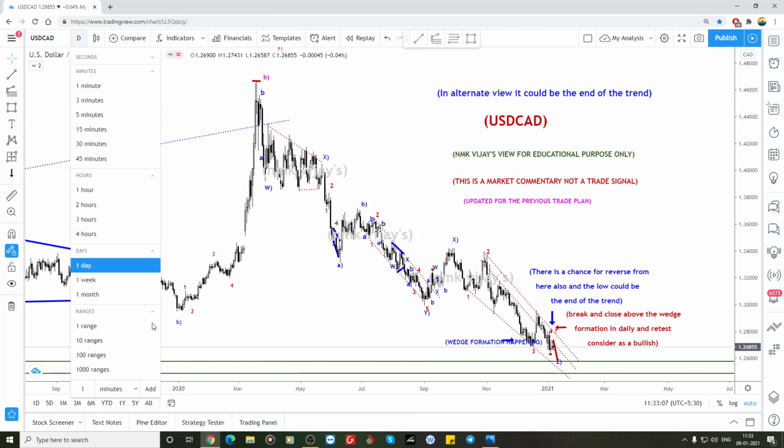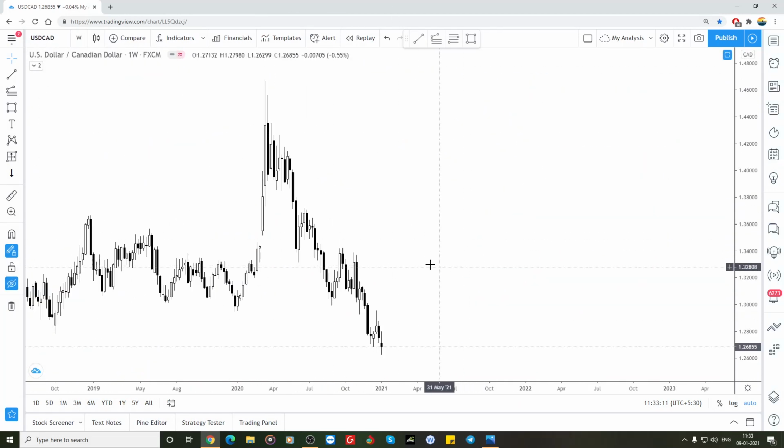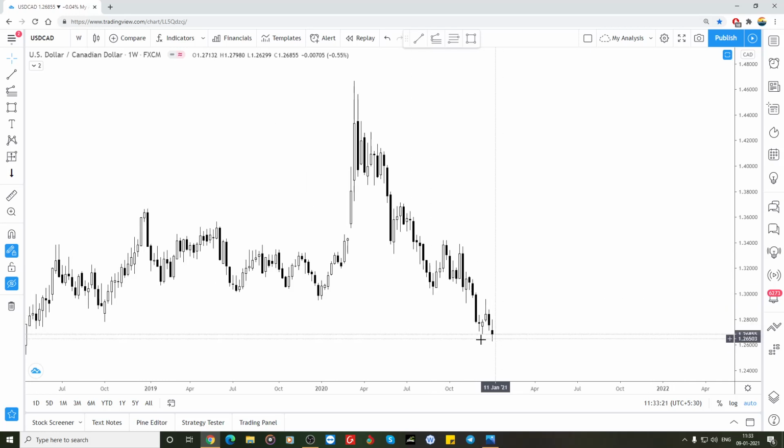So we will just look at the weekly candle. See, the weekly candle is also looking like a doji, but a lot happening here: doji candle, bullish hammer, and again a downward hammer. That is why I said, maybe from here it can reverse, or one more low to the downside and then again it can reverse also.